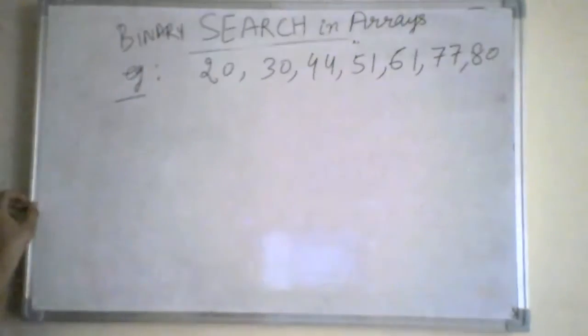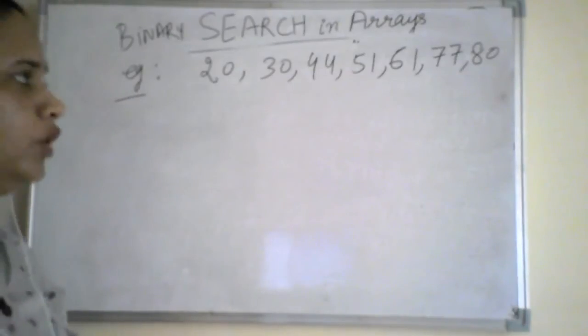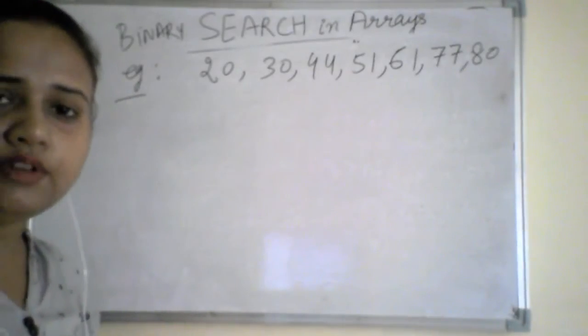So we have around 7 items in my array, right? The items are 20, 30, 44, 51, 61, 77 and 80.